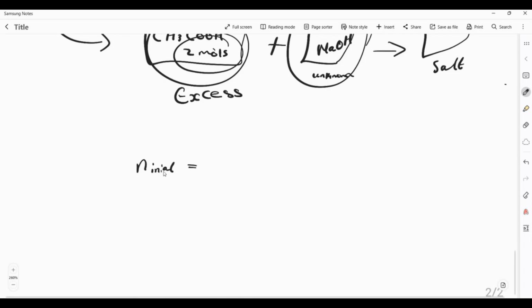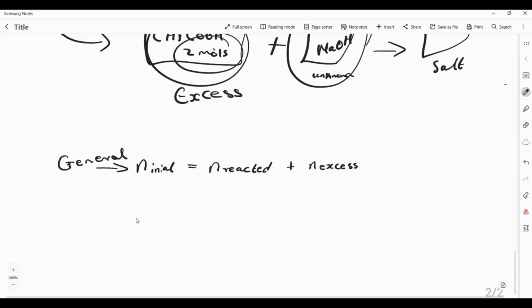The initial number of moles is equal to the number of moles that have reacted plus the number of moles that are in excess. This is the general formula.